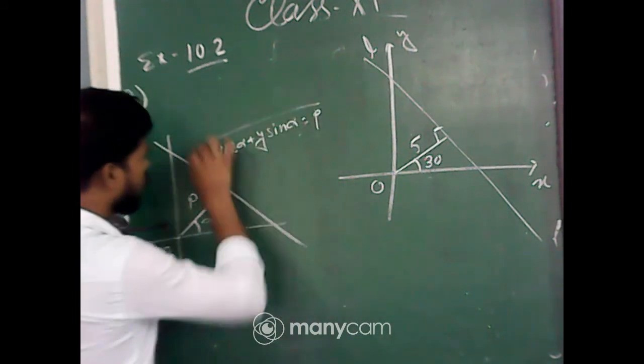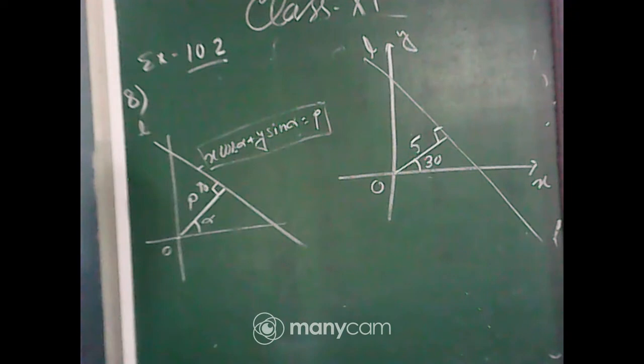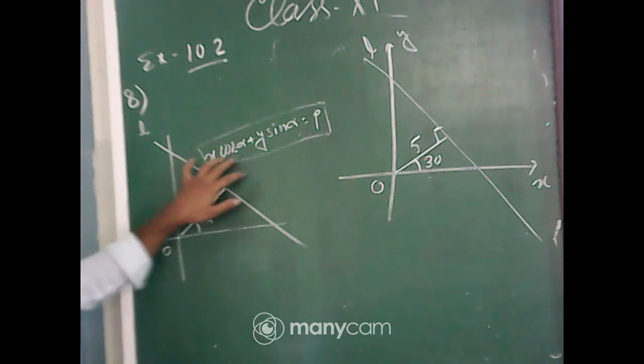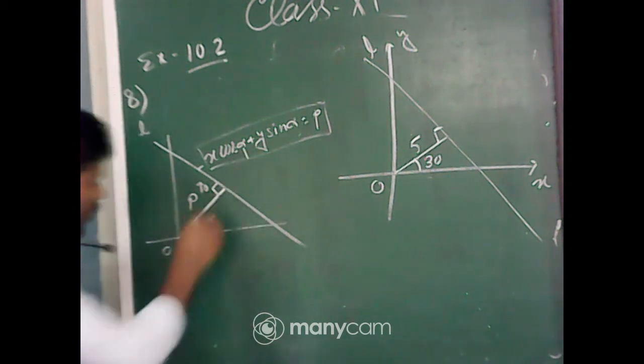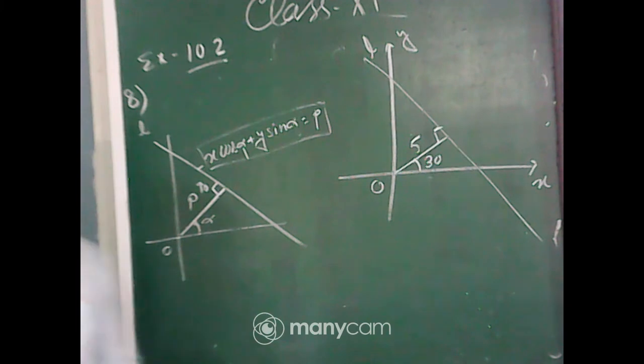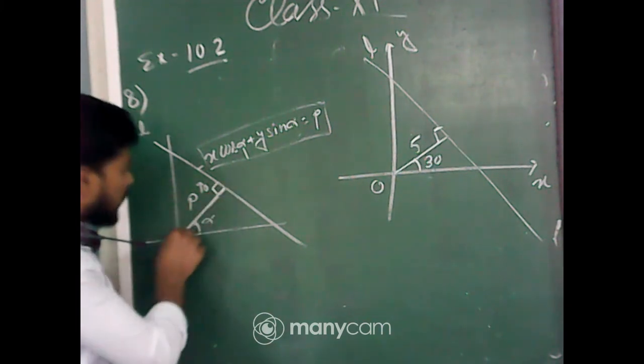So this is the normal form of a straight line, where alpha is the angle made by the normal with the positive direction of the x-axis and p means the length of the normal.